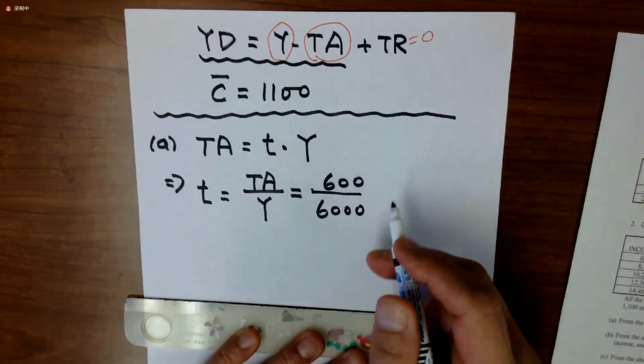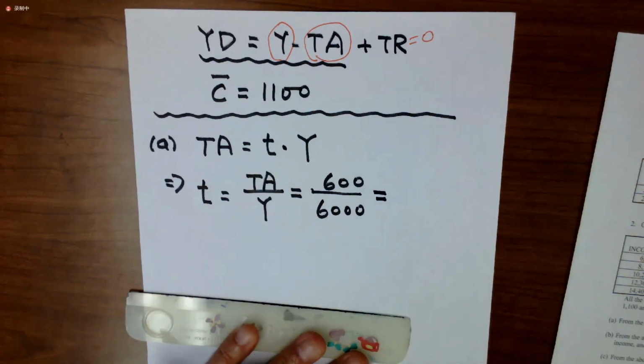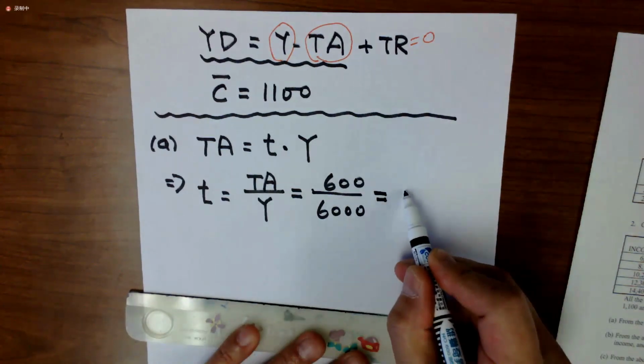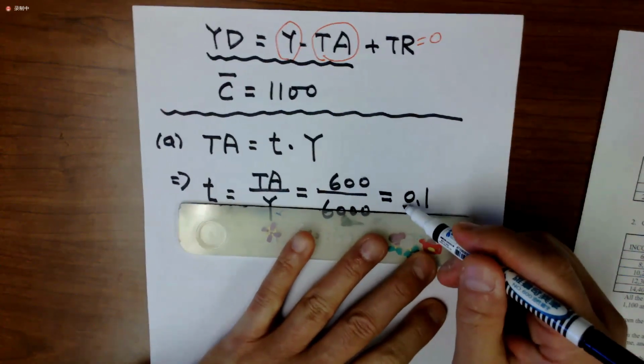So 600 divided by 6,000 gives us 0.1. Underline it.